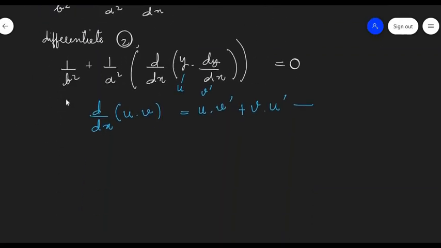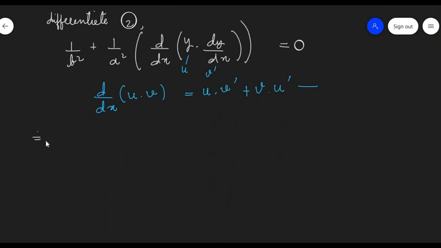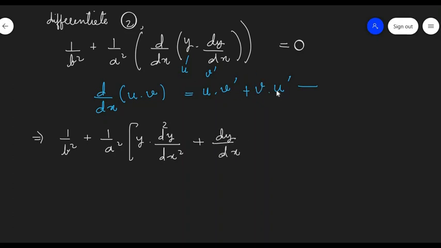So we are going to get 1 upon b square plus 1 upon a square into first function y into differentiation of second function. Differentiation of dy by dx will be the second-order derivative, d square y upon dx square, plus second function, which is dy by dx, into differentiation of first function, which is differentiation of y, which will be dy by dx, equal to 0.